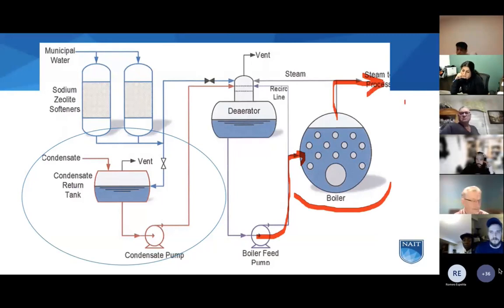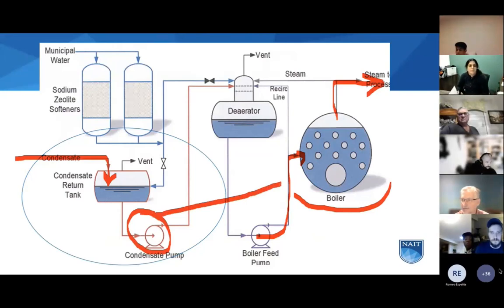We use it to heat buildings and processes and equipment. Then it comes back as condensate into a condensate return tank, and then we pump it with a condensate pump. In a small system, this would go back to the boiler.